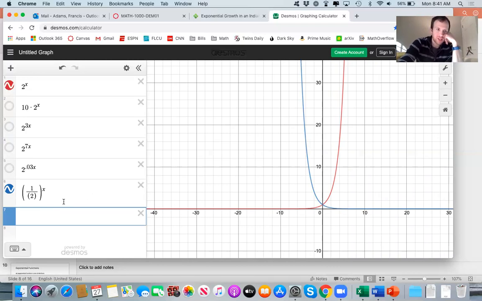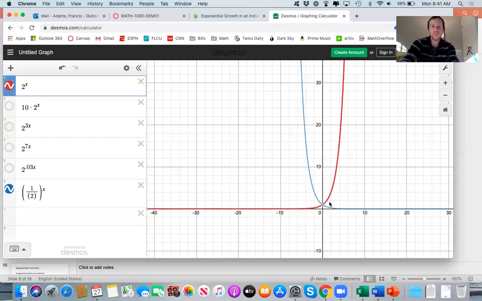So here, this is decreasing exponentially. And now all of the computations we did are reversed. If you put in positive numbers, this keeps getting smaller because you're multiplying 1/2 by itself more and more. If you put in a negative number, you're flipping this fraction, which will give you positive powers of 2.